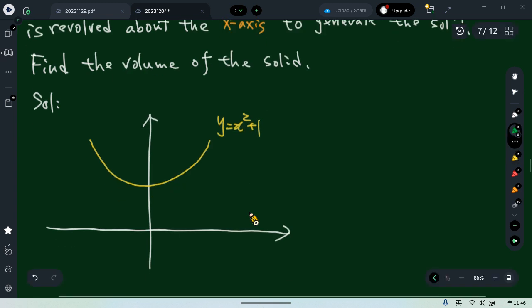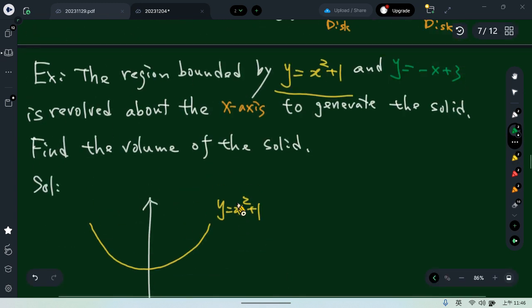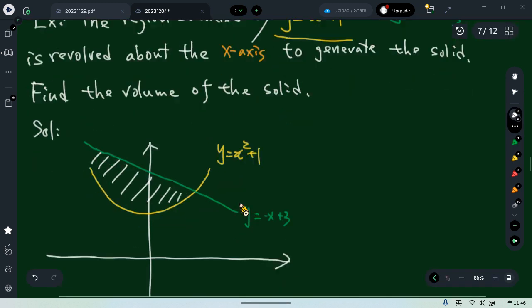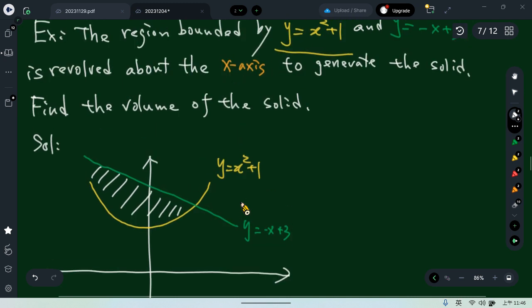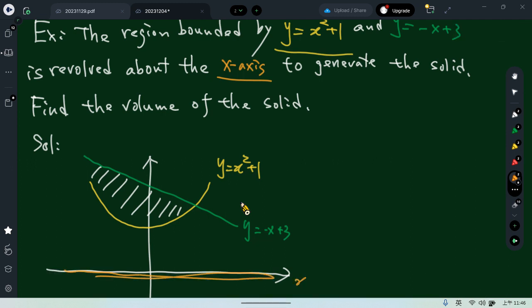And the second one is y is equal to minus x plus 3. So that we can have the plane region just like this. Right? And then it is rotated about this x-axis.